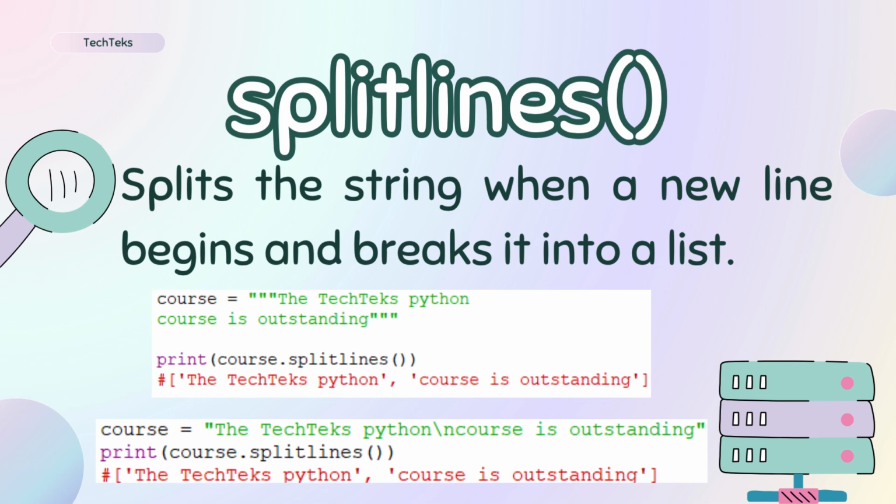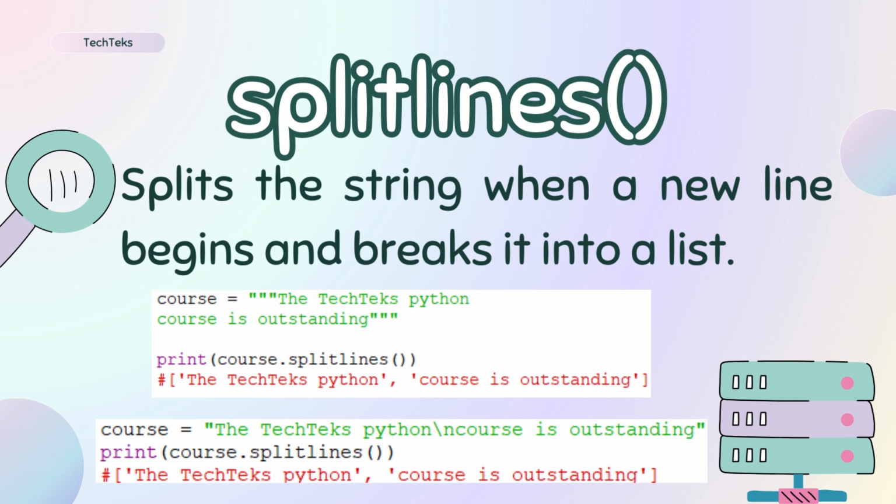So when you print out course.splitlines, it has "Techteks Python" as item 1, with index 0. Always remember that the first item in a list or tuple or whatever it is always has index 0. And then the second item, with the index 1, is "course is outstanding".